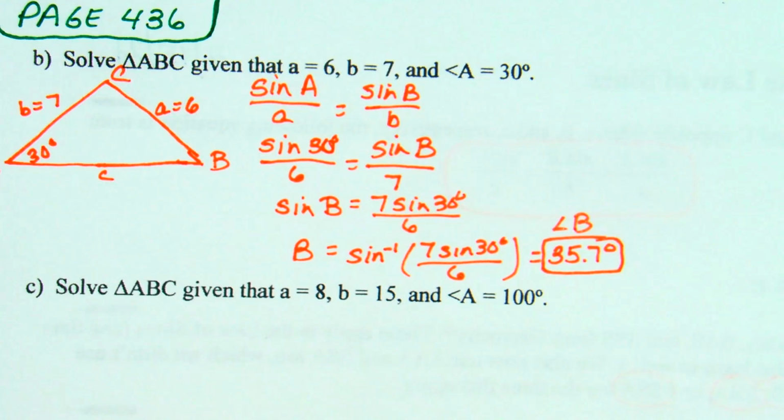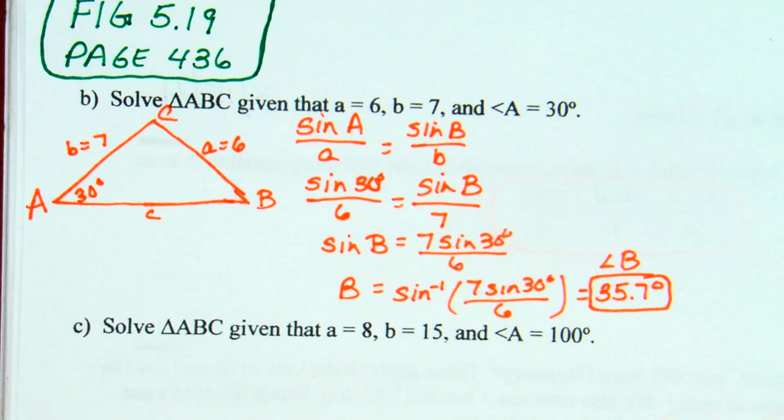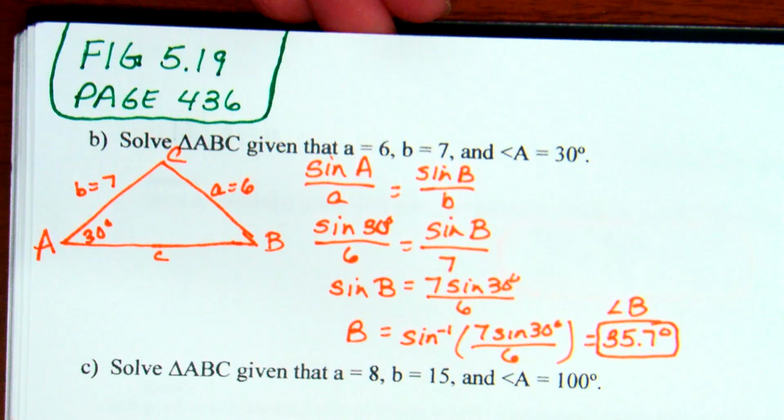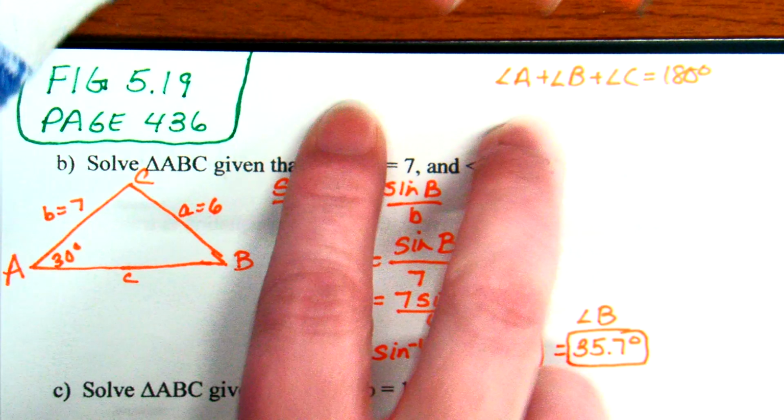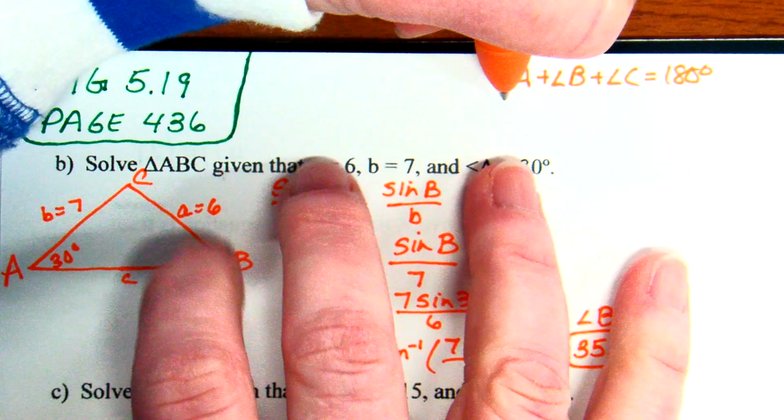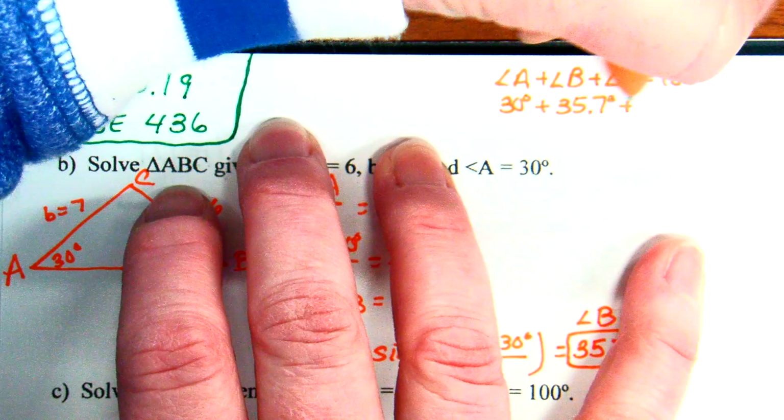Well, now we can just find angle C. It's got to add up to 180. So the next step would be to find angle C, because all three angles in a triangle always add up to 180. Back to your middle school math days. So I'm going to put this way up top, because I've got lots of stuff I want to put in here. Angle A plus angle B plus angle C is equal to 180 degrees.